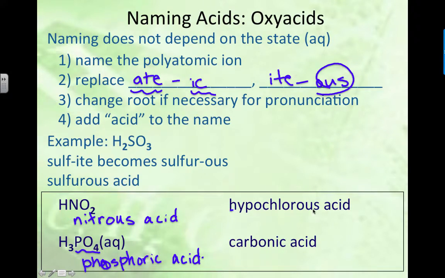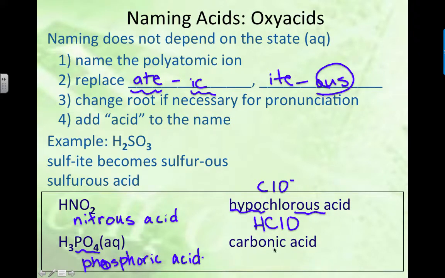Hypochlorous acid. Now we're going backwards. This hypo isn't the same as hydro. Hypochlorous comes from hypochlorite. That looks like this. It has a -1 charge, so I know I need 1 hydrogen to balance that out. HClO makes hypochlorous acid.